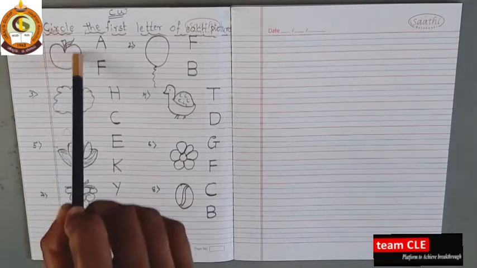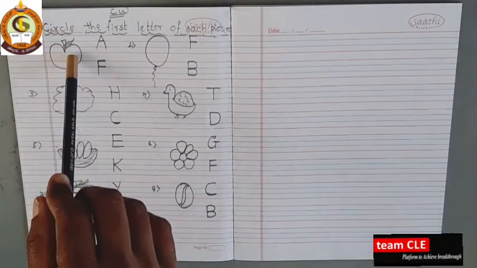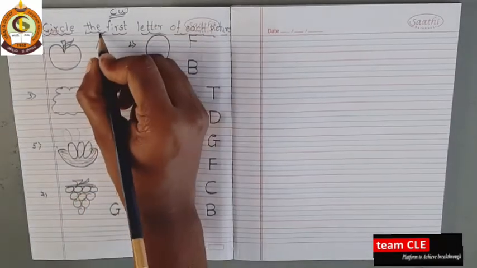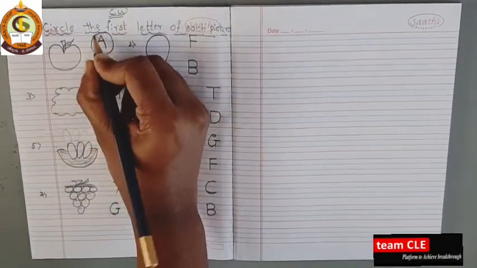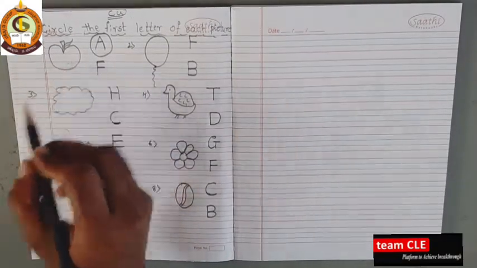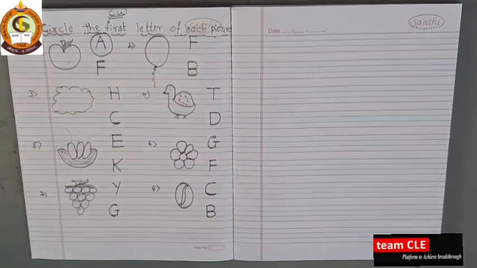Apple. So this is the apple picture. What is the first letter of apple? A. So circle this letter A. A for apple.